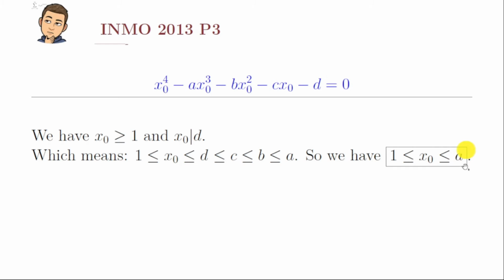Now we must also have x0 to the power of 4 equal to x0 times x0 cubed. We can write it this way. Since x0 is less than or equal to a, we have all of this: x0 to the power of 4 is less than or equal to a times x0 cubed.